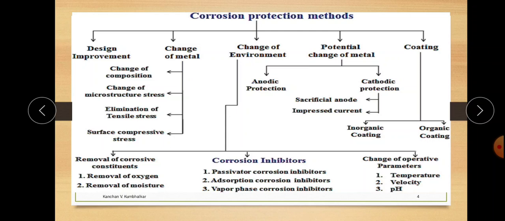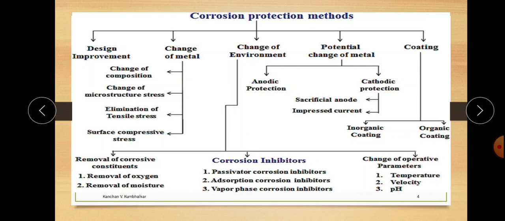There are basically 3 types of inhibitors employed. First one is the passive corrosion inhibitor. Next one, adsorption corrosion inhibitor, and the last one, vapor phase corrosion inhibitor. Inhibitor works exactly against a catalyst. Catalyst enhances the rate of reaction, inhibitor slows down the rate of reaction.